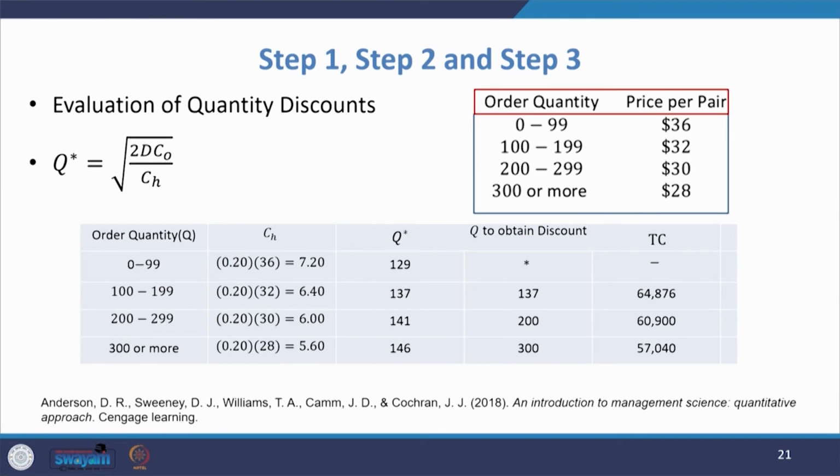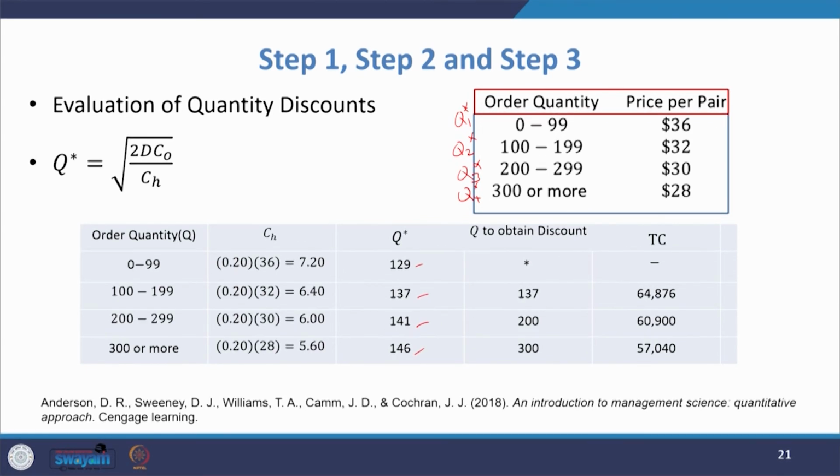So, what is the first step? We have to find out Q1 star, Q2 star, Q3 star and Q4 star. Okay. So, here I found this Q1 star, Q2 star, Q3 star and Q4 star.